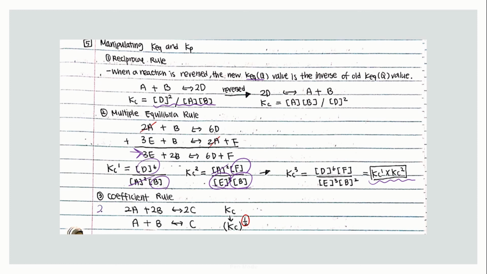If it was multiplied by 2, the new equation would be this, and the new Kc value will be the old Kc value squared, because the factor goes to the exponent of the Kc value.